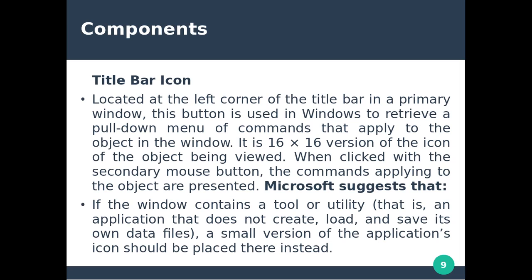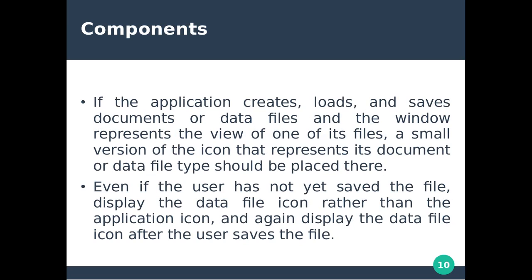It is a 16 by 16 version of the icon of the object being viewed. When clicked with the secondary mouse button, the commands applying to the object are presented. Microsoft suggests that if the window contains a tool or utility, that is, an application that does not create, load, or save its own data files, a small version of the application's icon should be placed instead.